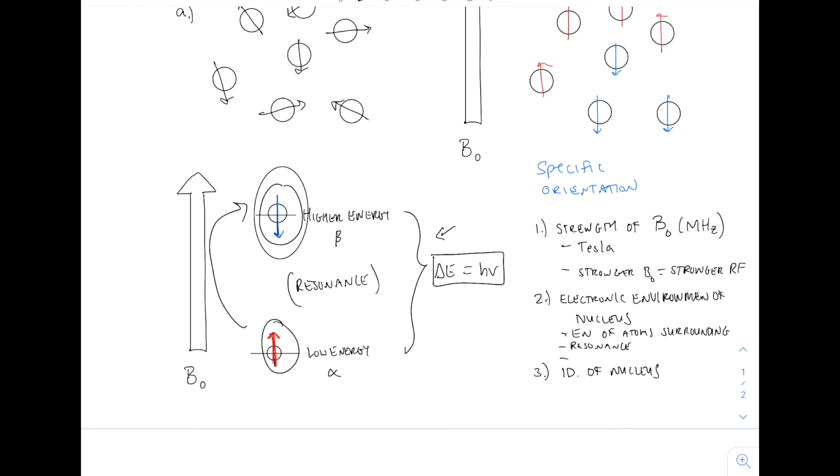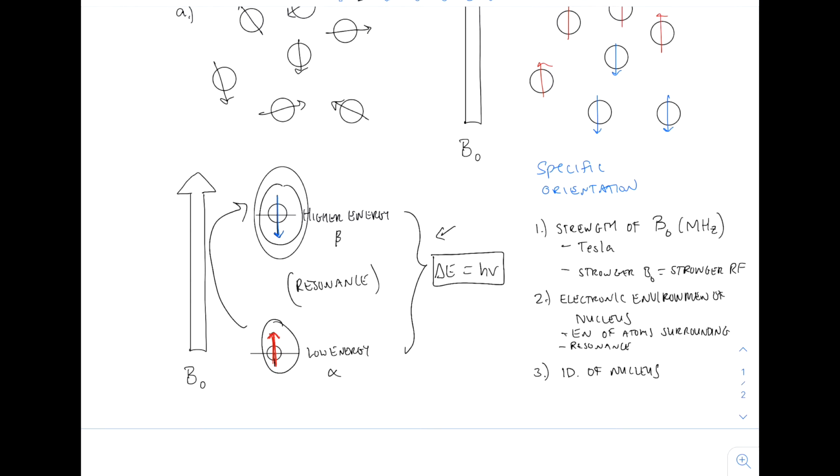And then also, it could be like in three-dimensional space. So there are a lot of other ways that we can affect the magnetic environment of specific nuclei. Again, this is why they're all going to be different and have different absorptions of energy, and therefore different NMR spectra.